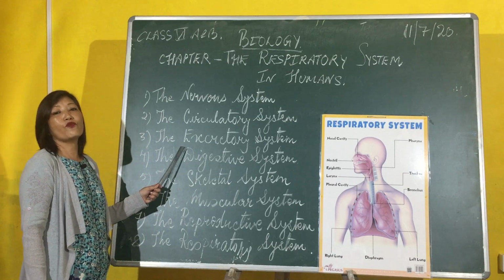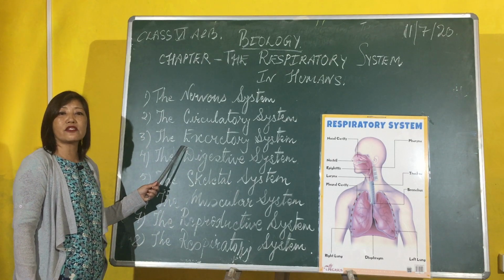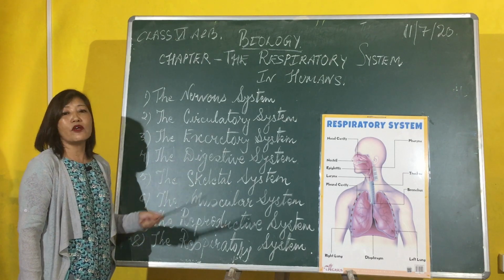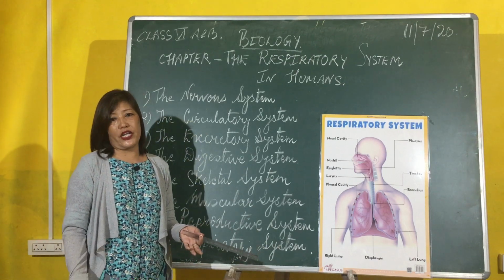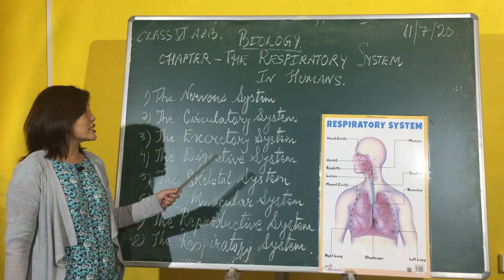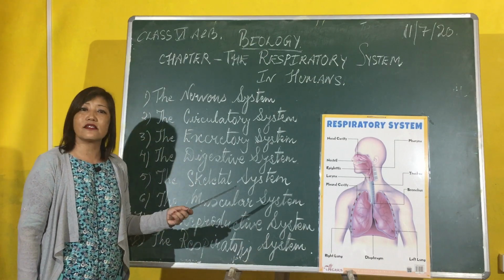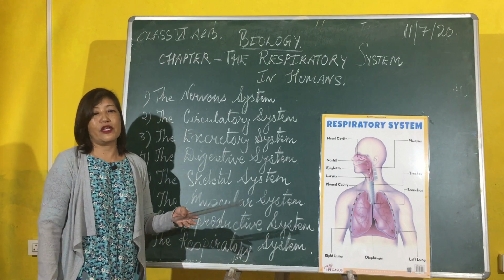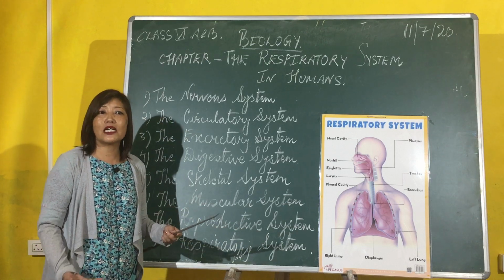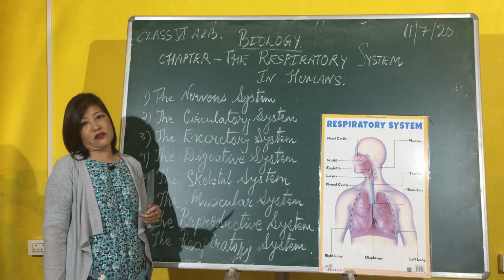Then the next system we have is the excretory system, the system which helps to remove all the waste from our body. The main organs of the excretory system are the kidneys. The kidneys are also called the biological filter because they filter the blood and other waste materials.